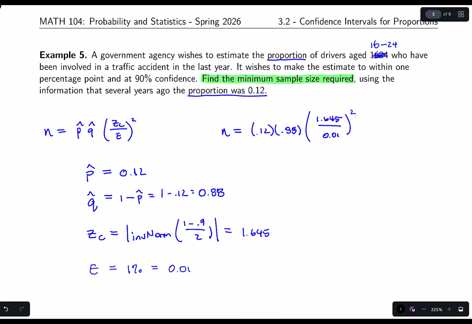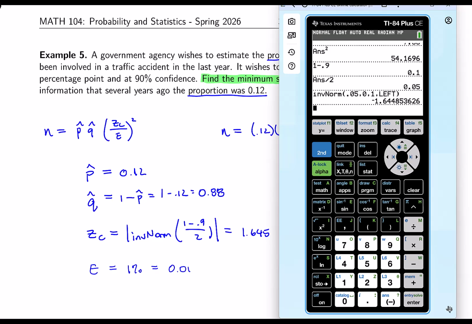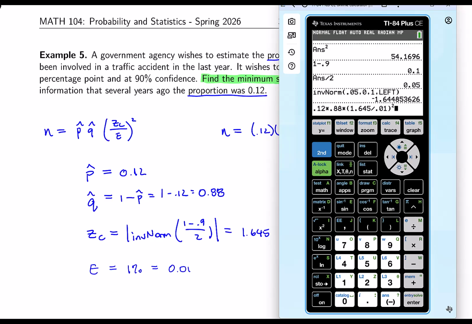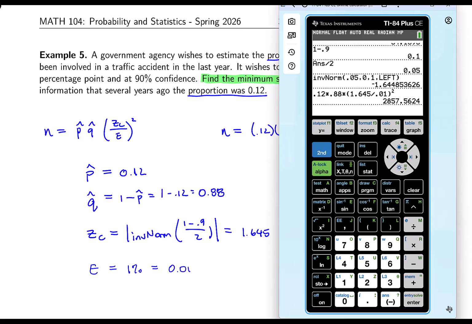So we just plug this directly into the calculator of our choice. So 0.12 times 0.88. Let's see, I'm going to do this part in parentheses just to make sure everything's fine. 1.645 divided by 0.01 quantity squared. All right, so 2,857.56.